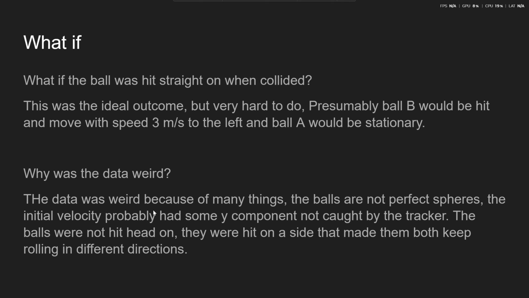Our initial velocity was probably off a little bit because the y component was probably not caught by the tracker, so it wasn't included in the initial. So that's probably why the model was a bit off. That's because the balls weren't hit head on. They were hit at an angle, which made them go their own different directions.